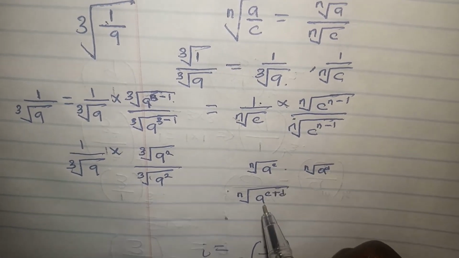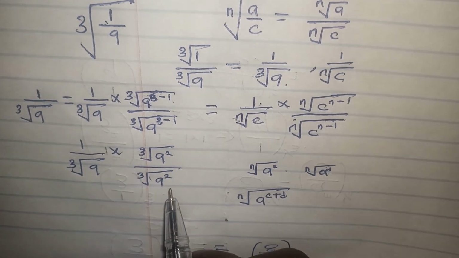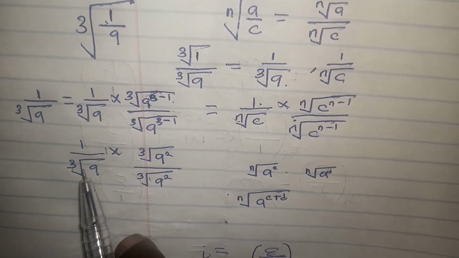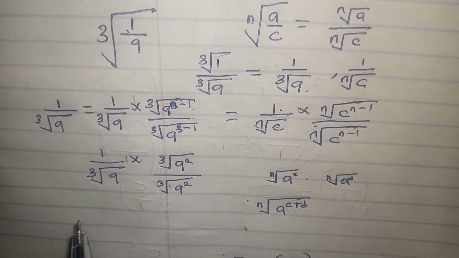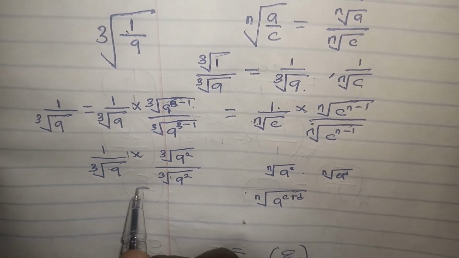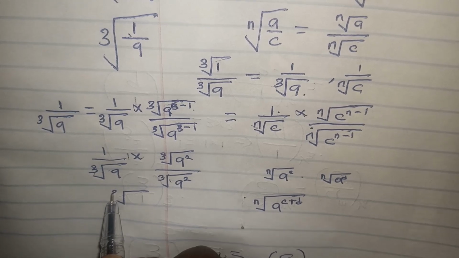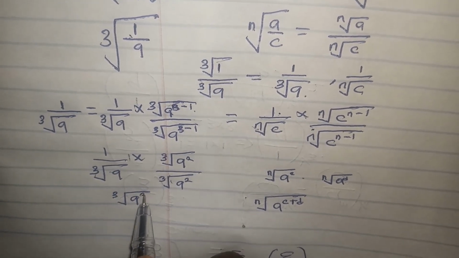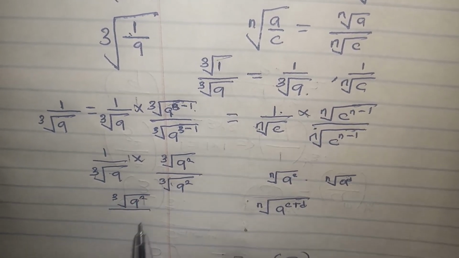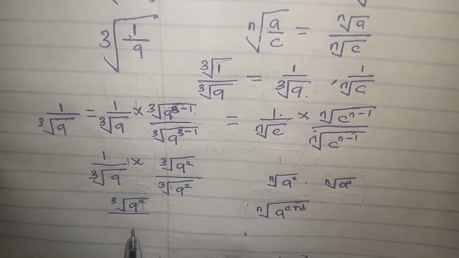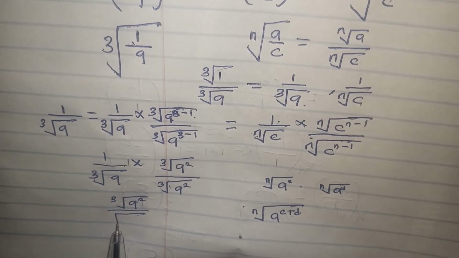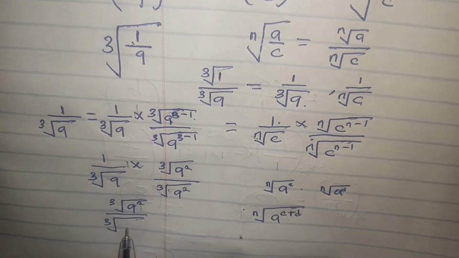So if we put this rule here at this denominator, we have this to be the cube root of 9 to the power of 2 over the cube root of 9 to the power of 2 over the cube root of 9.